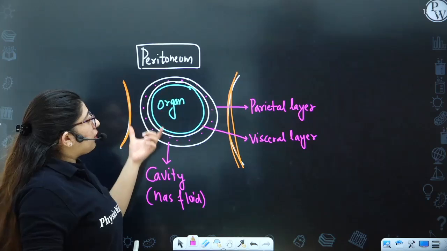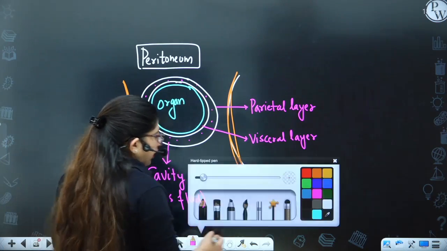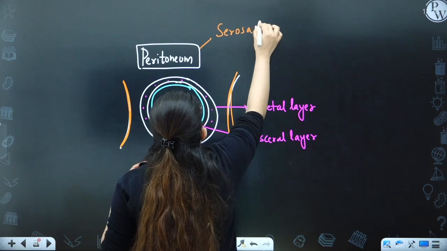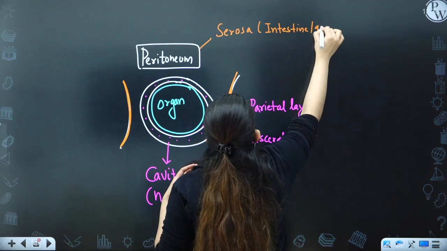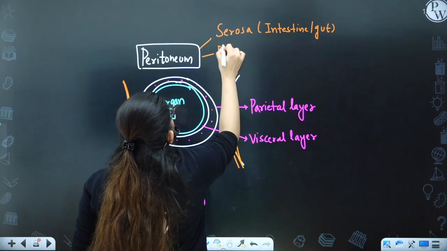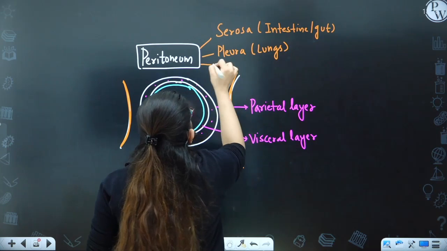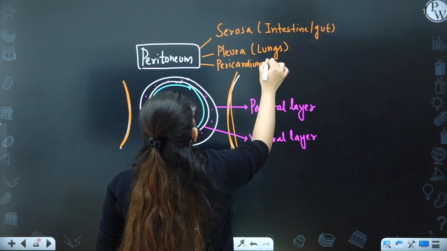So this peritoneum is a double membrane bag-like structure. Its function is protection. So I will call it as serosa if it is in my intestine or gut, entire gut. I will call it as pleura if it is in lungs. I will call it as pericardium if it is in heart, right?